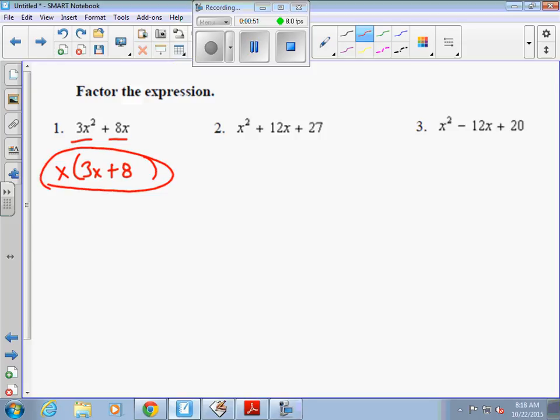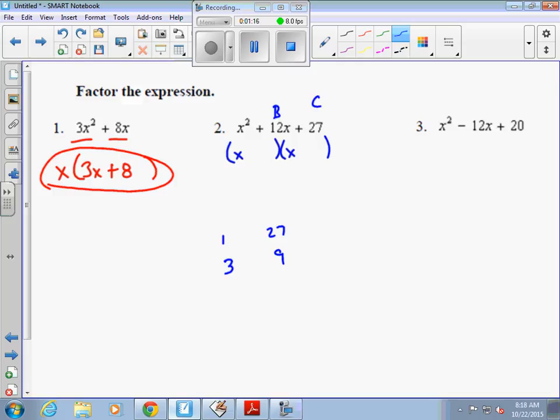Number two is nice and easy. It's a trinomial that has an a value of 1, so that's even easier. So x times x gives you a's value. C's value is 27. 1 times 27, there's not a lot of pairs here, and 3 times 9. You have to ask yourself, which pair out of those two gets me to B's value, 12?